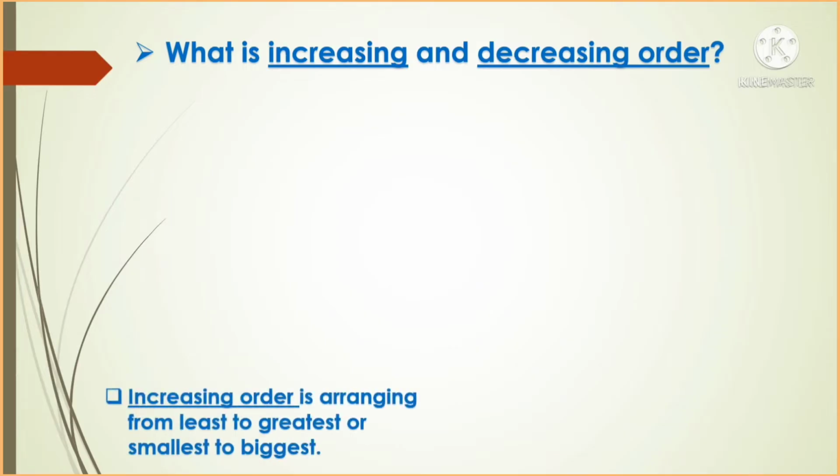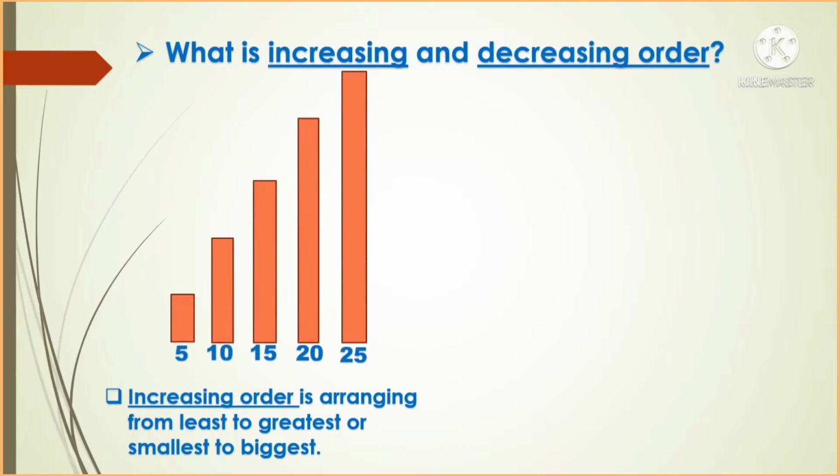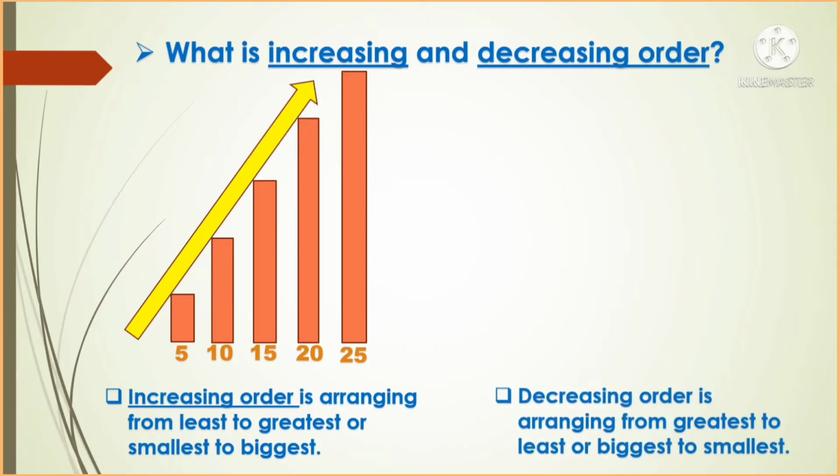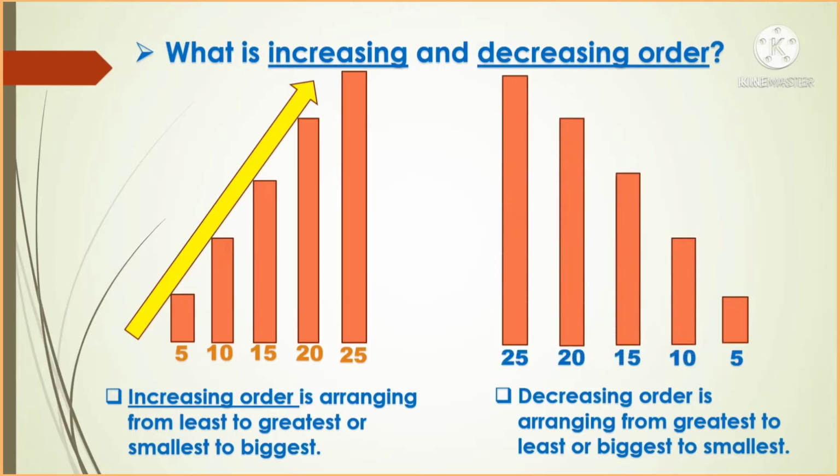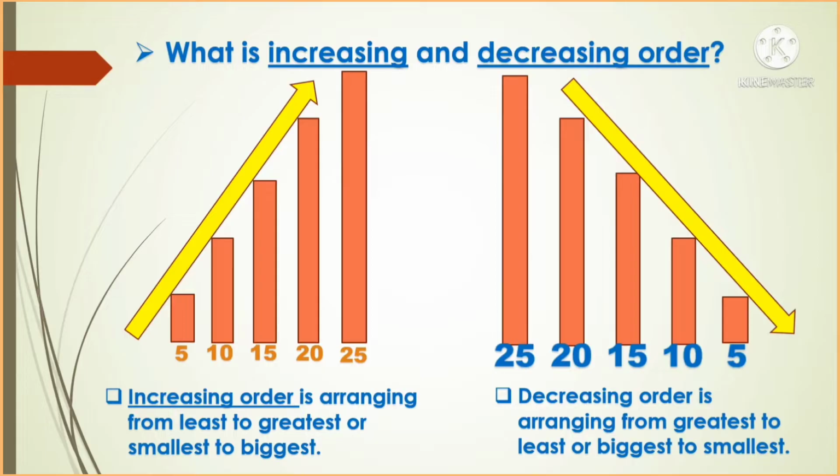When we say increasing order, it is arranging from least to greatest or from smallest to biggest. Meaning, increasing is just like going up, while decreasing order is arranging from greatest to least or from biggest to smallest. In other words, decreasing is just like going down.